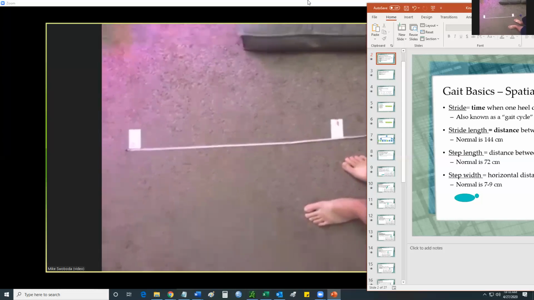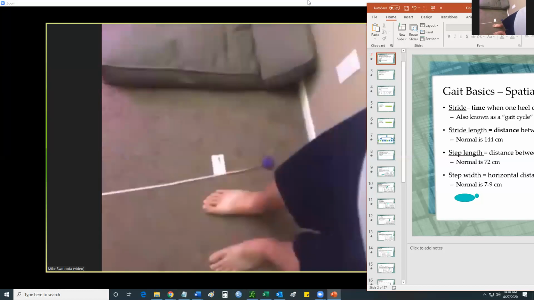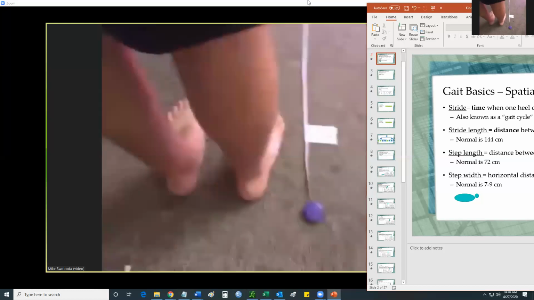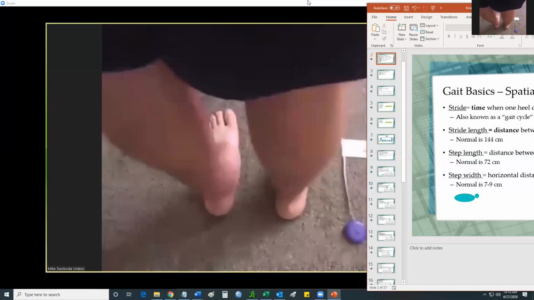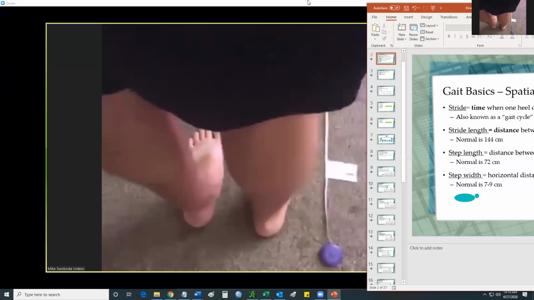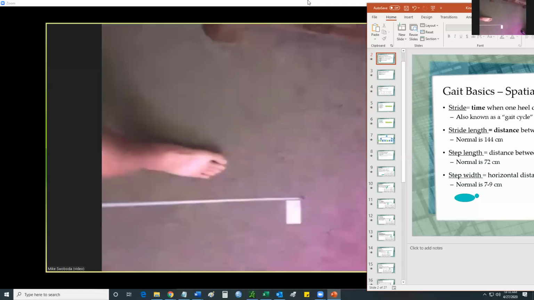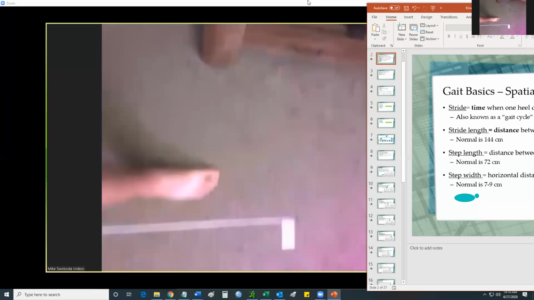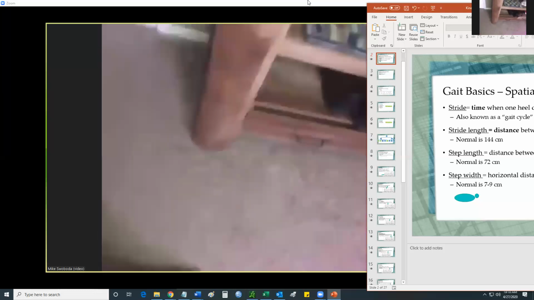Now, stride width. Don't measure yourself from this initial stance here. That initial stance is not going to give you an accurate representation of what your actual stride width is. What I want to do is take a step, and again, I'm going to mark off where each of my feet are.